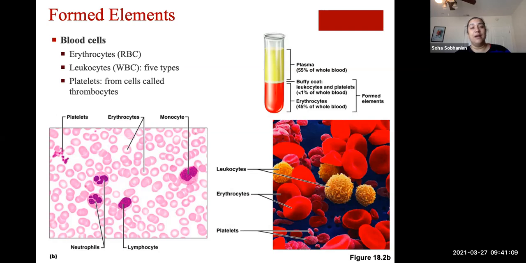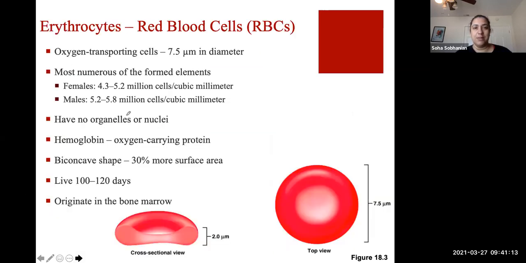In terms of erythrocytes, or your red blood cells, I'm just going to move on to the next slide because it makes it easier. They're relatively small cells, about 7.5 micrometers. If you think about the capillaries, which are these tiny, tiny blood vessels that you have, when the red blood cells are passing through them, they actually line up one at a time.